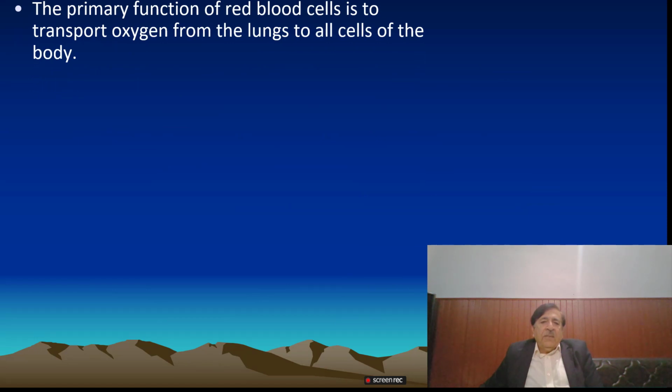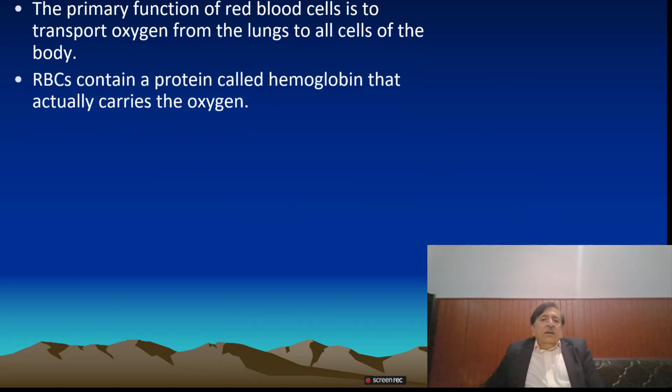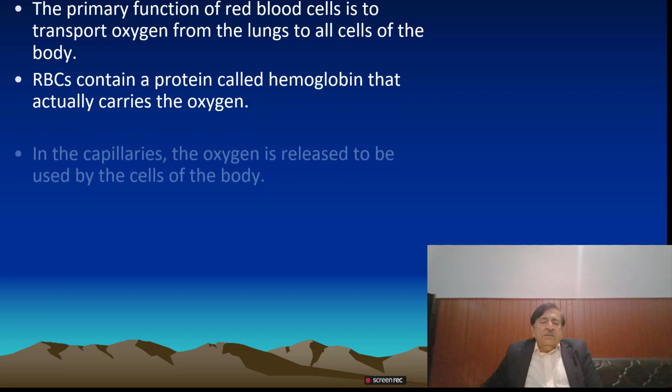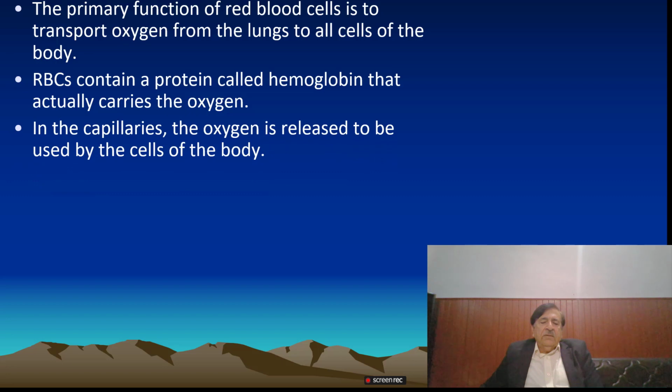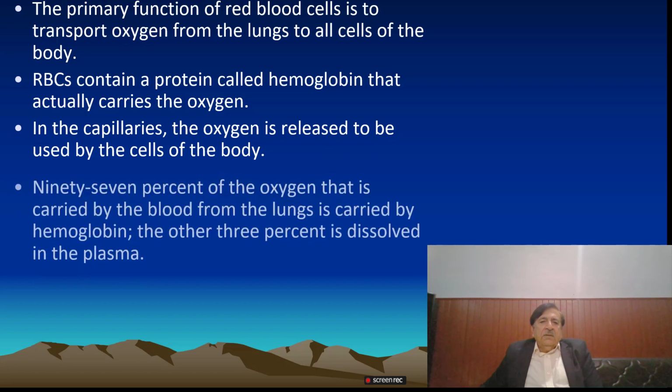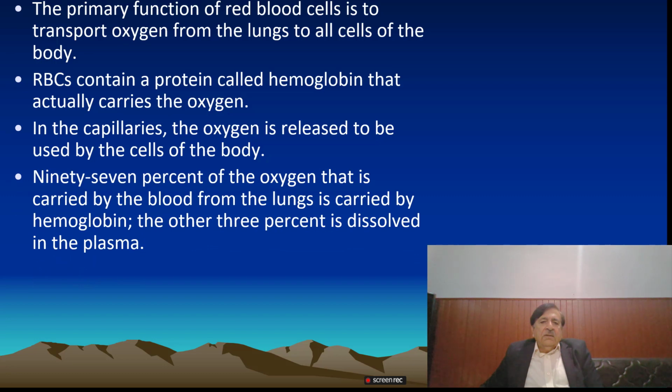Function of RBC. The primary function of red blood cell is to transport oxygen from the lung to all cells of the body. RBC contain a protein called hemoglobin that actually carries the oxygen. In the capillary, the oxygen is released to be used by the cells of the body. 97% of oxygen that is carried by the blood from lung is carried by hemoglobin.